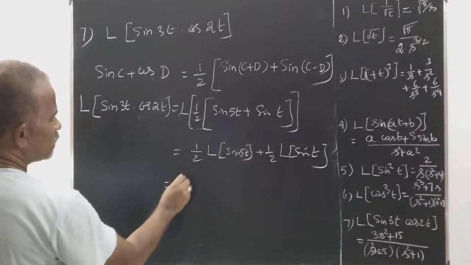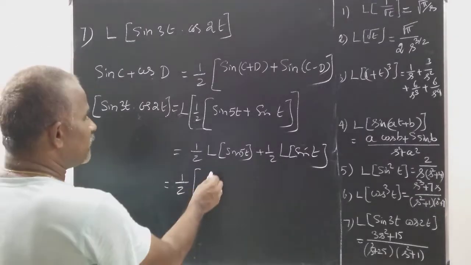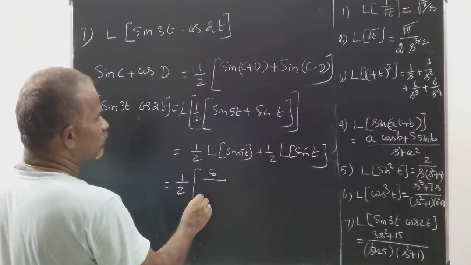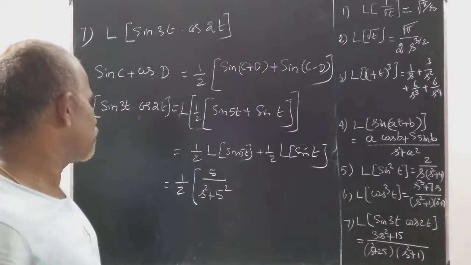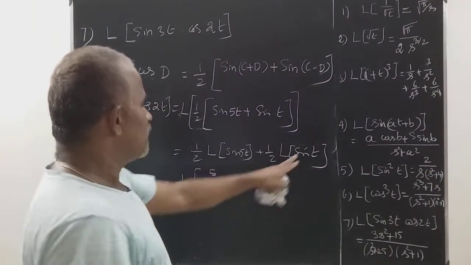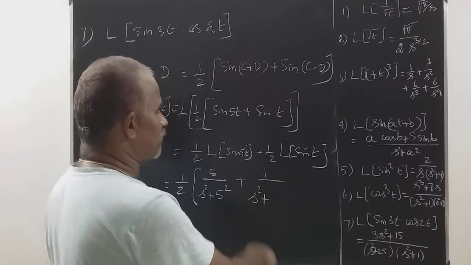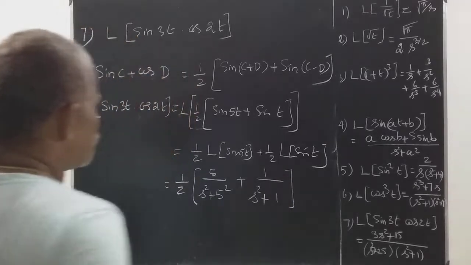Okay. So therefore this is equal to 1 by 2 of, what is sin 5t? a divided by s square plus a square, that is 5 divided by s square plus 5 square, plus sin t is equal to a divided by s square plus a square, that is 1 by s square plus 1 square.